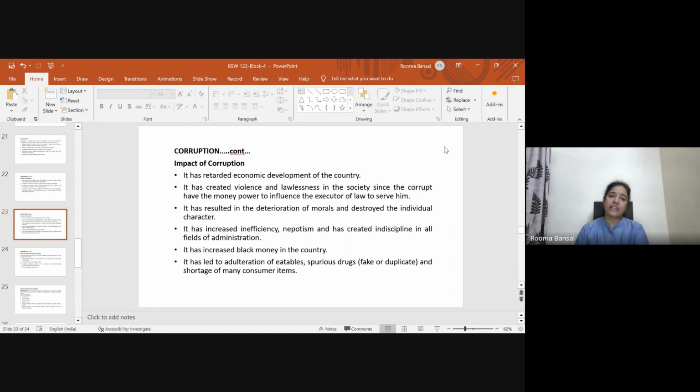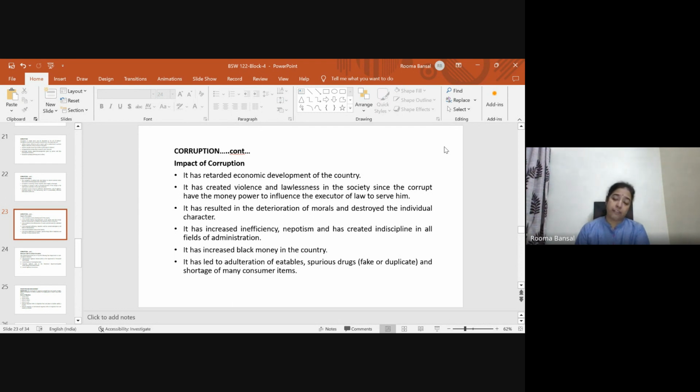It has created violence and lawlessness in society, since the corrupt have the money power to influence the executors of law to serve them. Here we can take the example of the judiciary system. Corruption has created lawlessness in society.